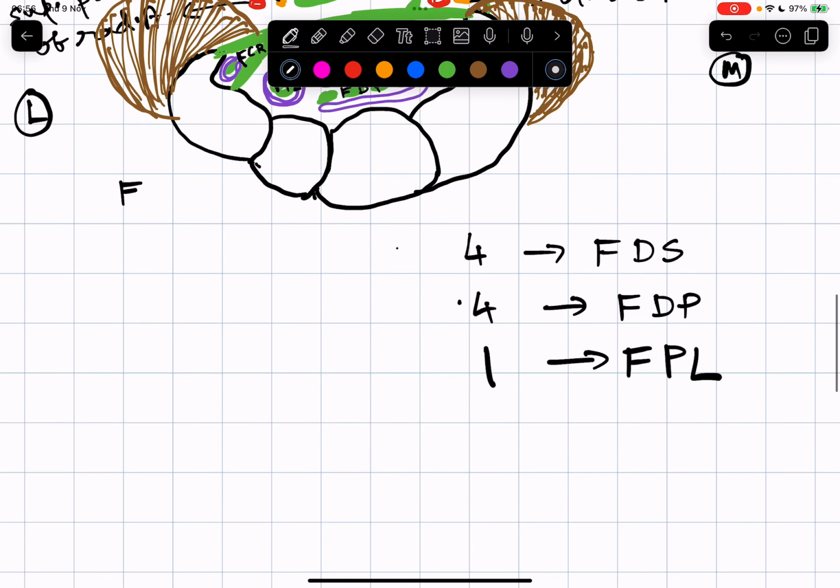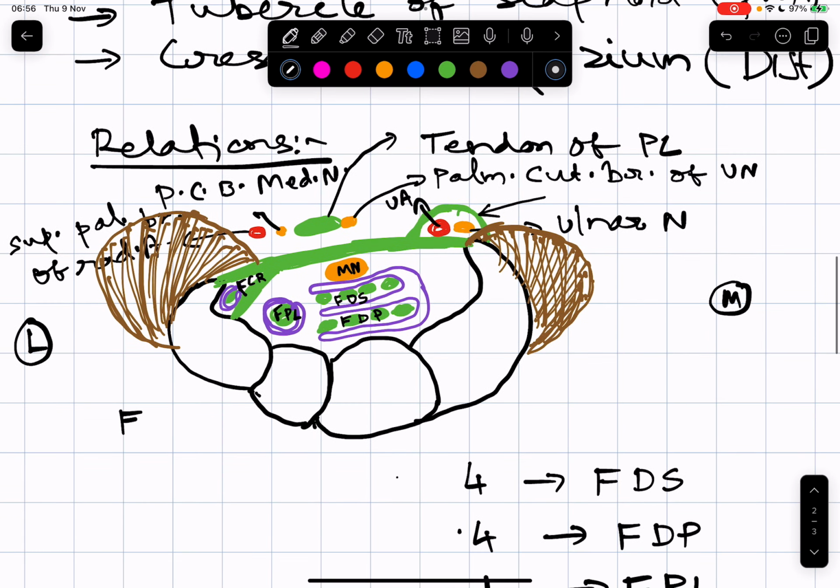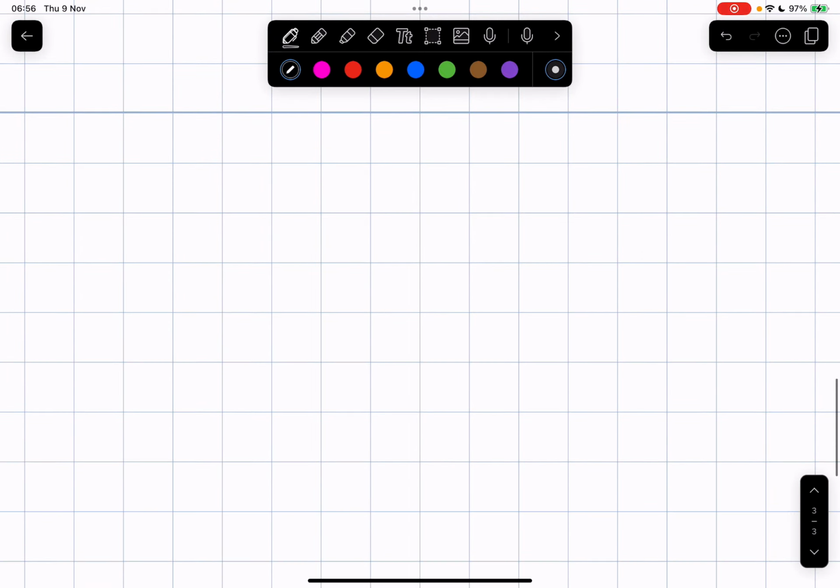Whereas the tendon of flexor carpi radialis passes deep to the flexor retinaculum, between it and the deep slip of the flexor retinaculum. So these are the relations of the flexor retinaculum. Let me brief the relations of the flexor retinaculum one more time.